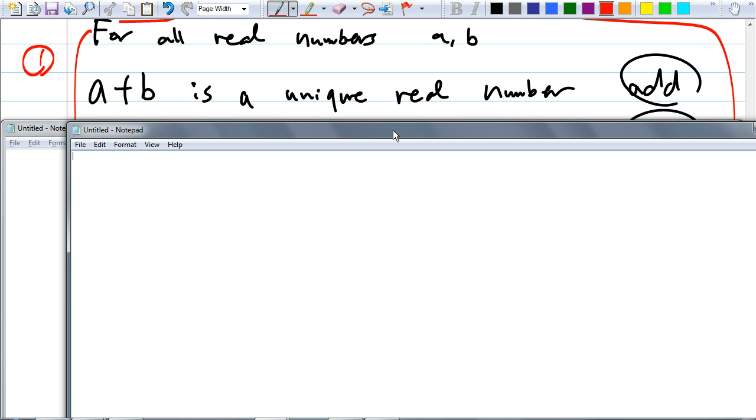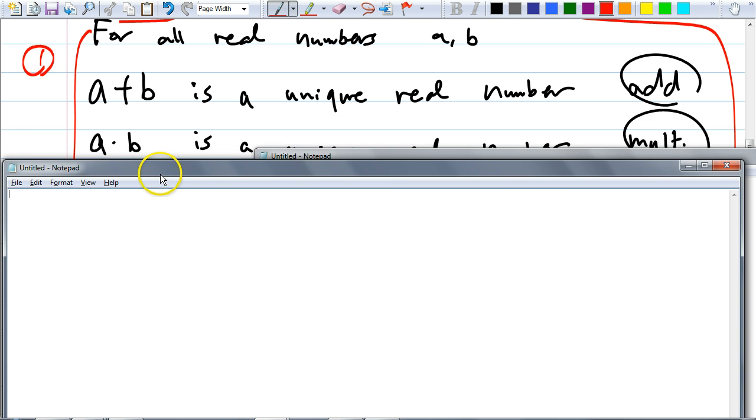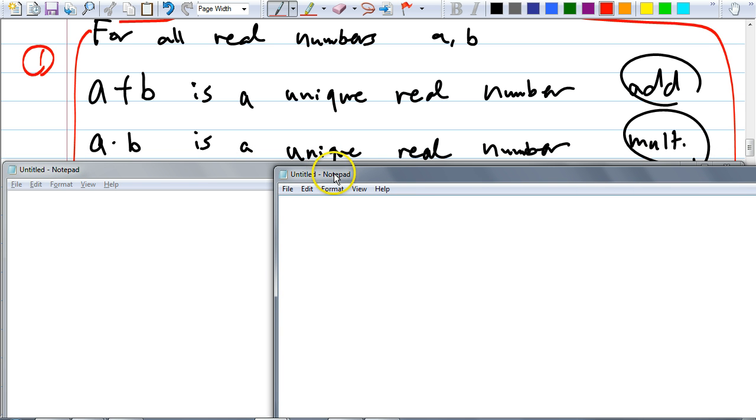It's going to be a number, right? When you add 2 plus 3, it's going to be a real number, and it's going to be unique, meaning it's going to have exactly one answer, right? Can we do this for something else? Multiplication also works, okay? So if you multiply 2 real numbers, it's going to be, again, a unique real number.